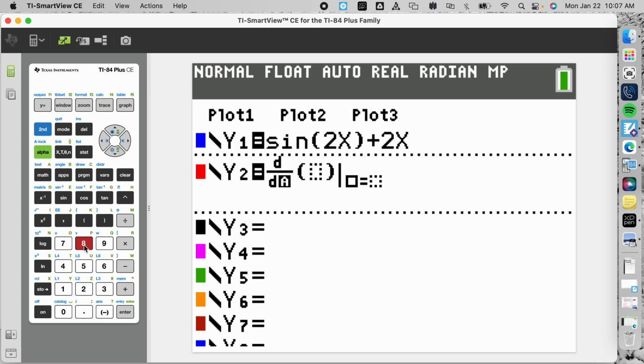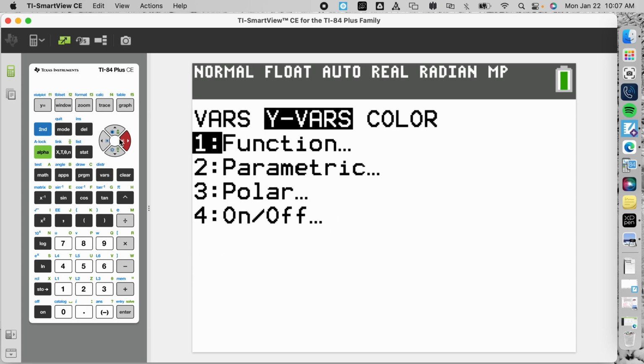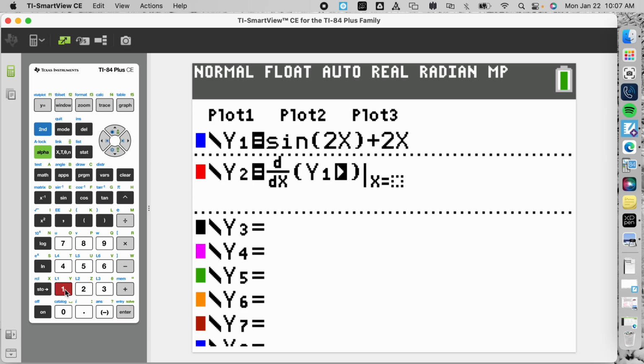So we would say d/dx. You can retype sine of 2x plus 2x if you want. Otherwise, you can just tell it Y1. Y1 is a function variable. You don't have to do this, I'm just showing you where it is. You could literally just retype the equation. They're very annoying to get to, to be honest.